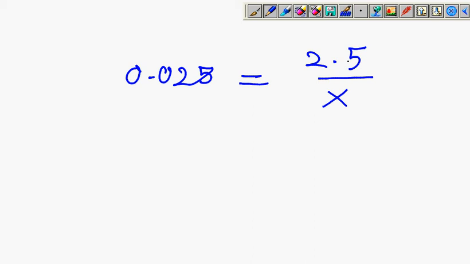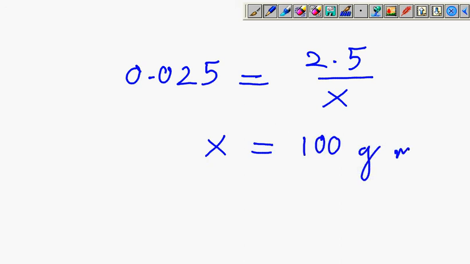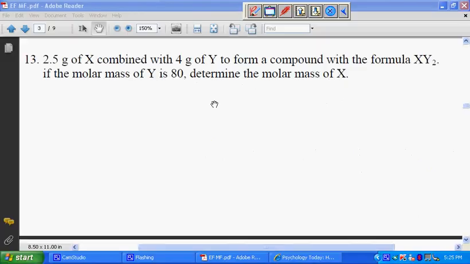On the next page, 0.025 equals to 2.5 over X. Okay. So the molar mass of X is 100 gram per mole. 100 gram per mole.